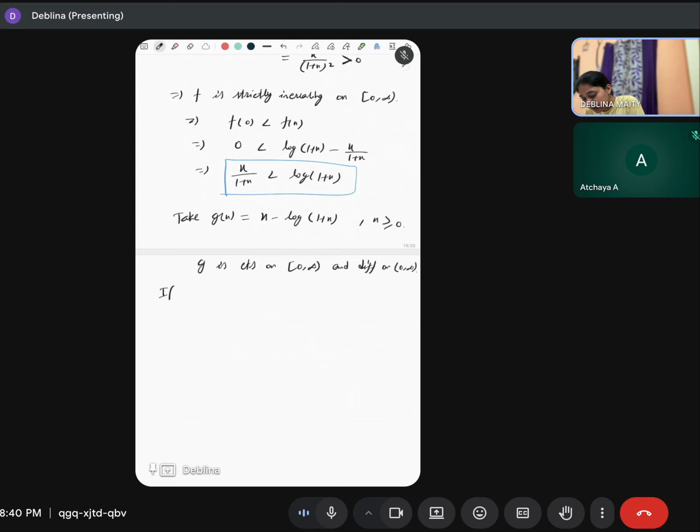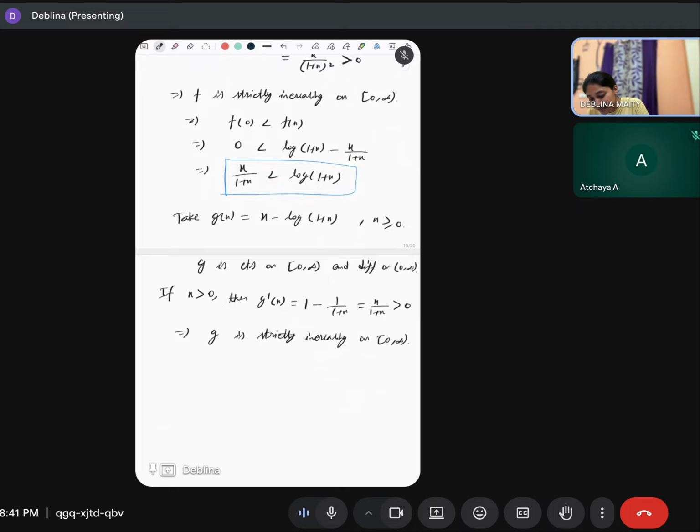If x is strictly greater than 0, then what is g dash x? g dash x is 1 minus 1 by 1 plus x, which is x by 1 plus x. Since x is strictly greater than 0, this is strictly greater than 0. So again g is strictly increasing on 0 to infinity.